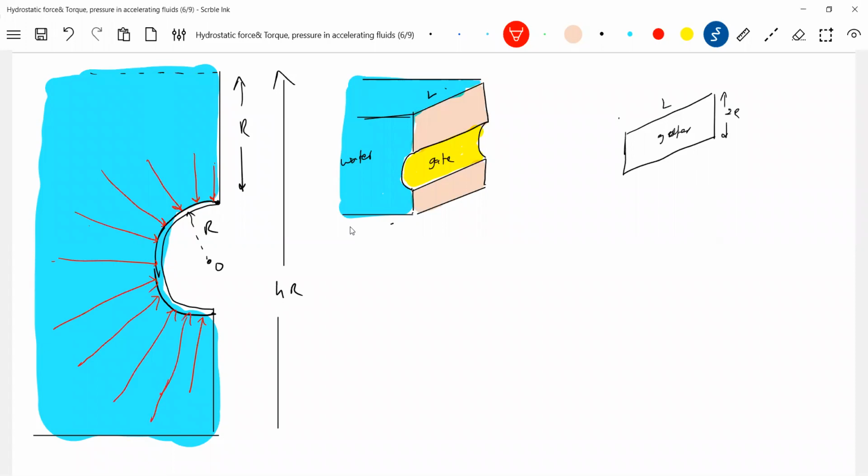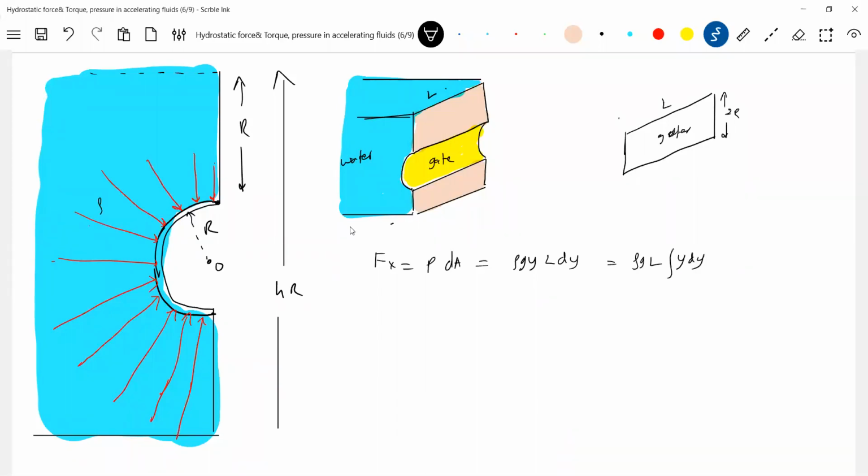The length of the arrows should increase as you move down, because the pressure increases with depth. What is the horizontal force? Very easy. What is the density of liquid? Rho, g, pressure into projected area dA. So this should be equal to rho g y L dy, so rho g L y dy.